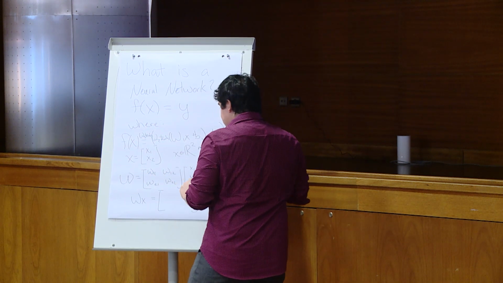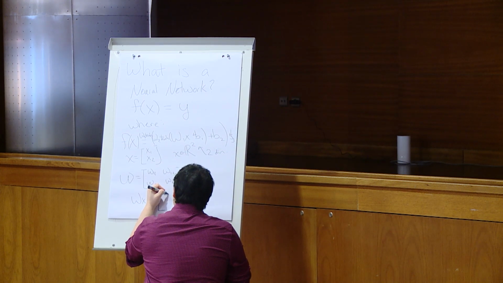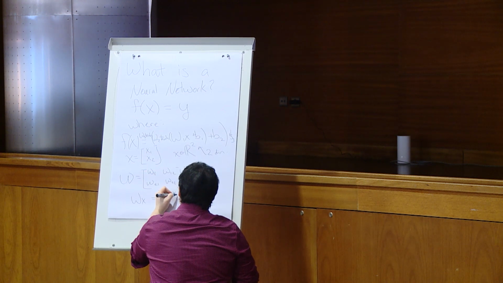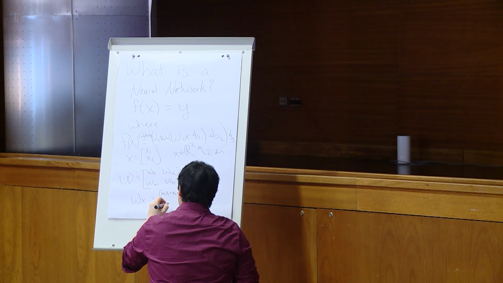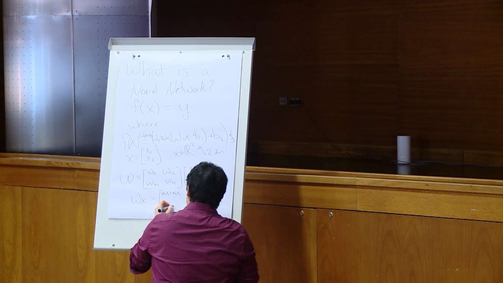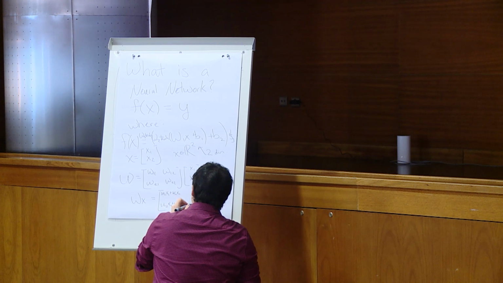You remember your matrix multiplication rule? So let me write this all down. You get W11 x1 plus W12 x2, and W21 x1 plus W22 x2.